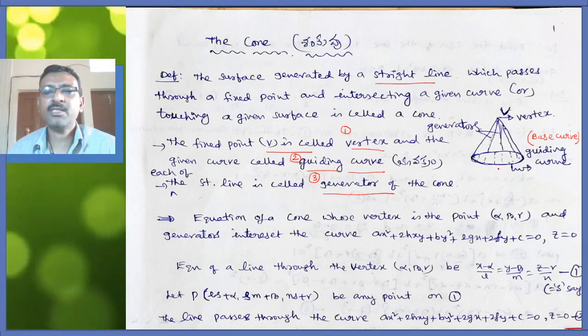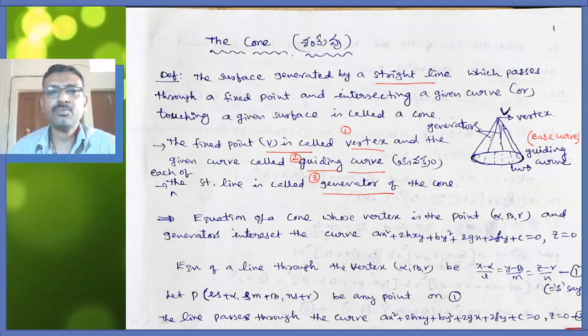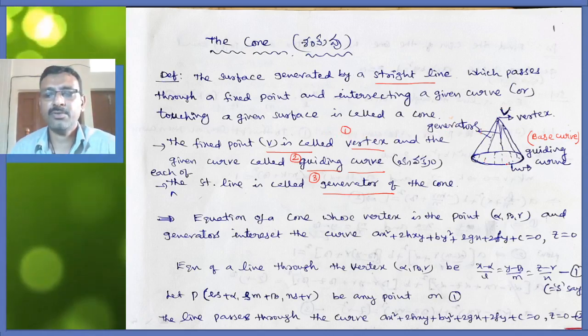In those cases also the surface is called a cone. So vertex, generators and guiding curve.